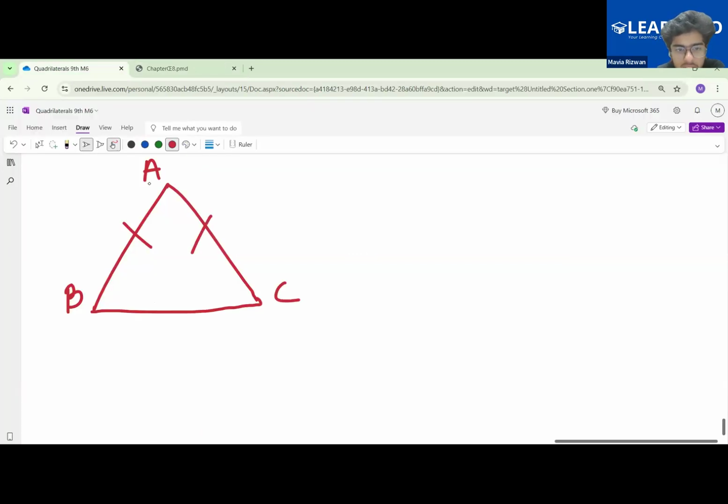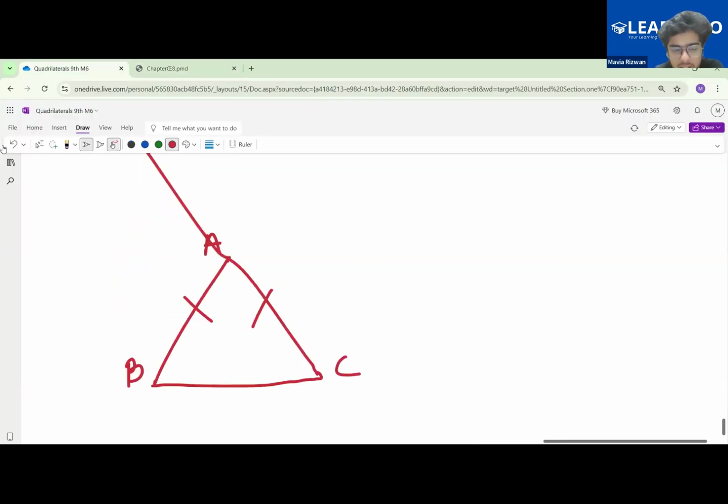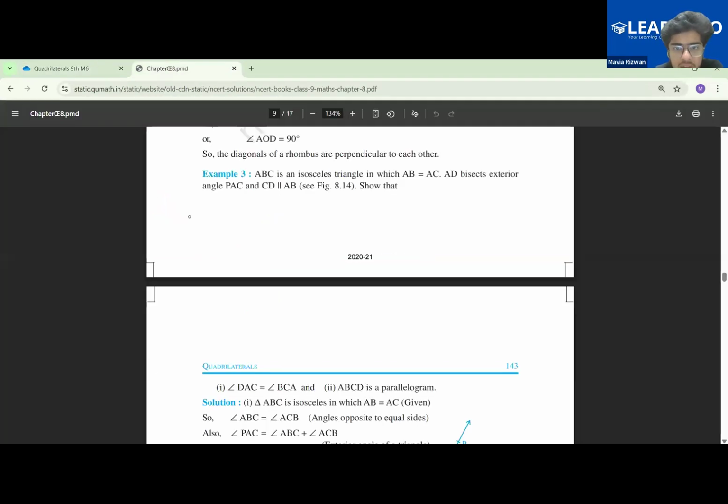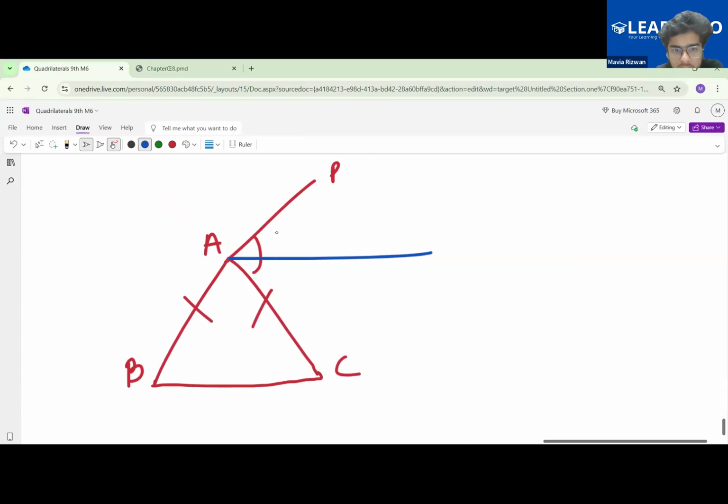Okay. We are saying they have an exterior angle. This is P. So this is an exterior angle PAC. AD bisects this angle. It means we have another line AD which bisects this angle. So this is X, so this would also be X. Bisecting means dividing into two halves.